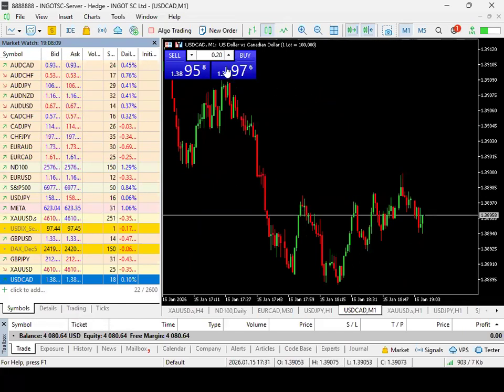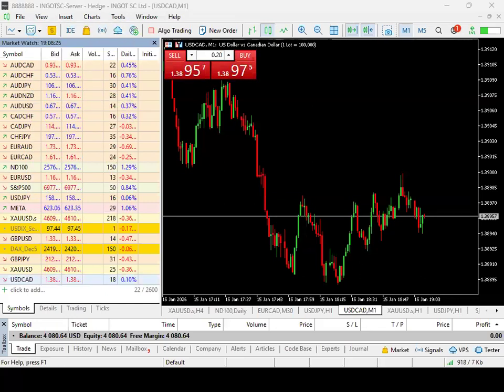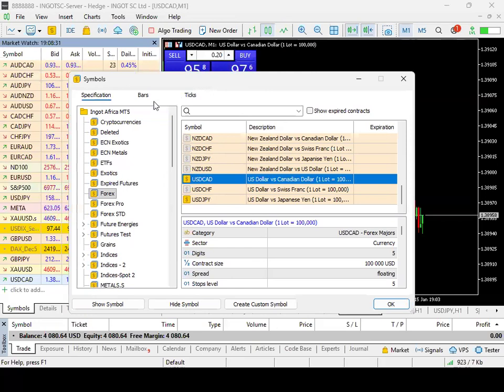Okay, you can see from up here, it's USD, US dollar versus Canadian dollar. Okay. Now that is the easiest method. The long way, you need to come to view and then symbol. Once you click symbol, it brings you a page like this one, and then you can choose. You can see all these are the symbols that we offer in Ingot.